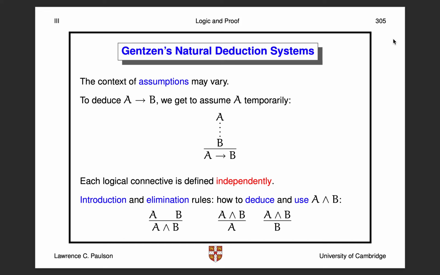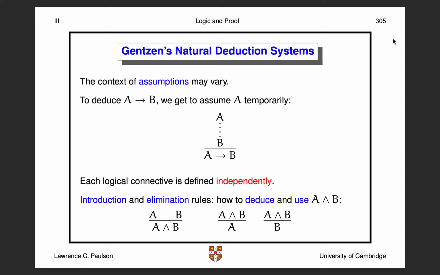Another distinguishing feature of natural deduction is that the various logical connectives are defined independently from one another. Whereas on the first slide we saw various rules involving the implies symbol and negation, and with other proof systems one might see, typically you see a lot of implies jumbled up with the ors and ands in any kind of way.